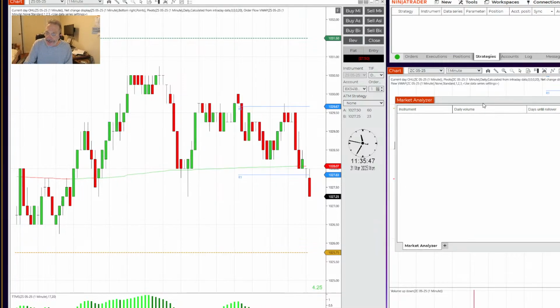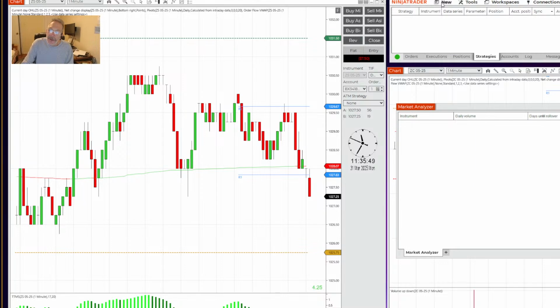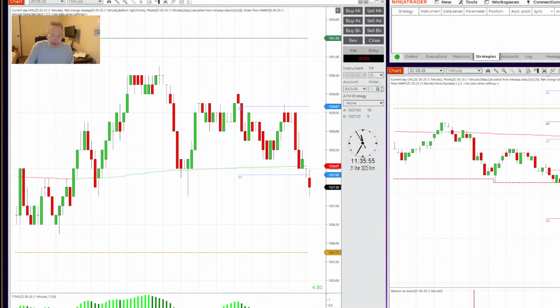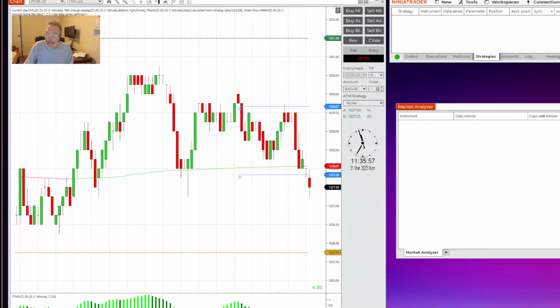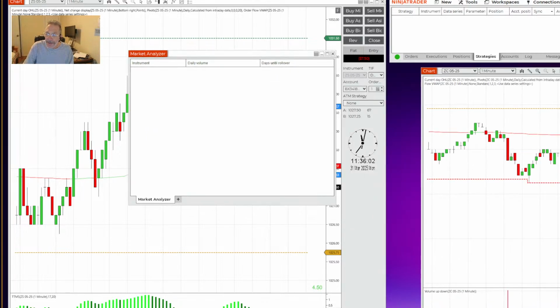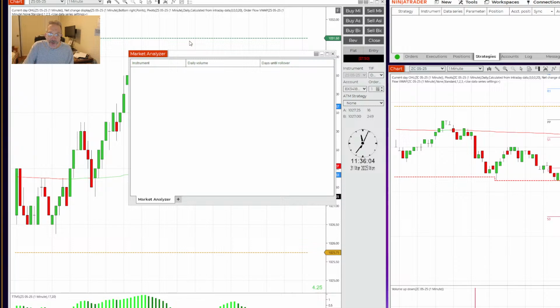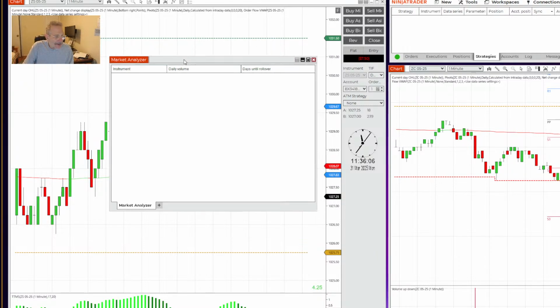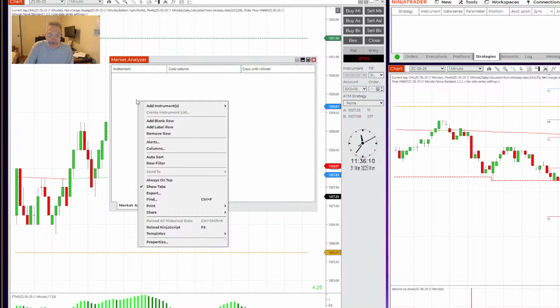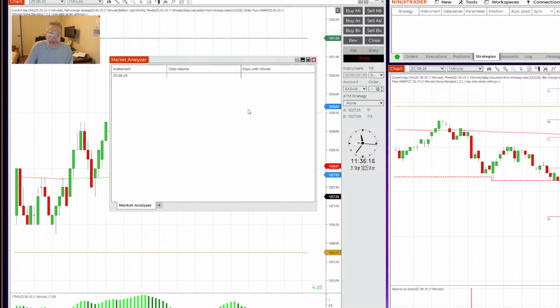Okay? It's there. If you go to New and Market Analyzer, it brings up a screen that we created that shows us instrument, daily volume, days until rollover. All right, right click. I'm going to add the current instrument, ZS 525.